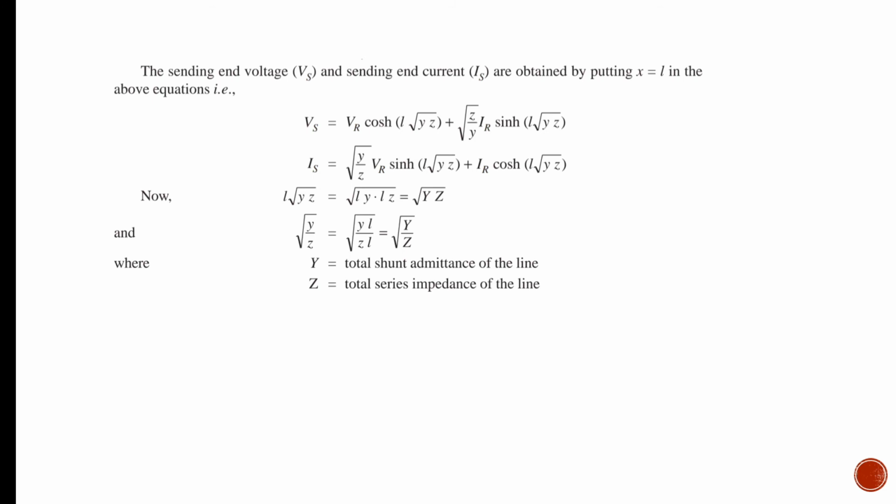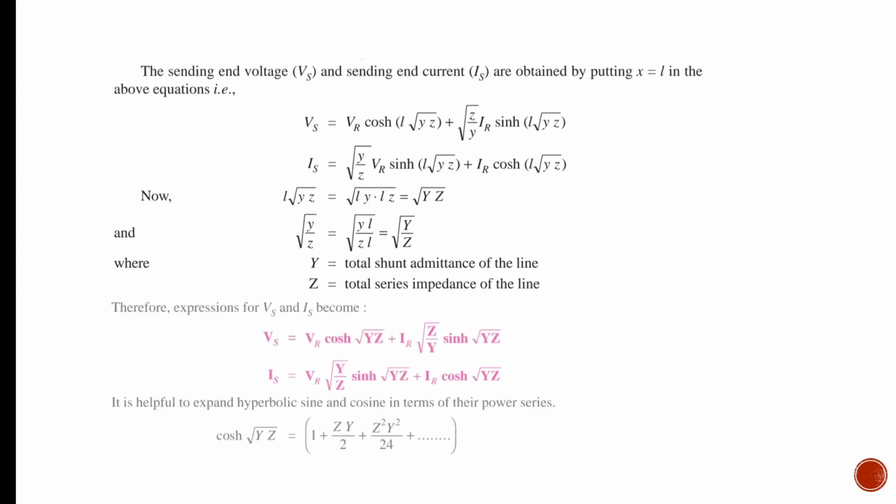Now l times root of yz is equal to the root of l y times l z, that is, we multiply the l inside, which becomes root of capital Y capital Z, and similarly for the current. Here capital Y is the total shunt admittance of the line and capital Z is the total series impedance of the line.